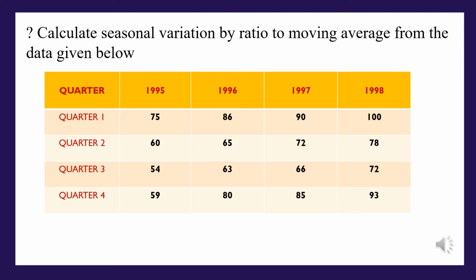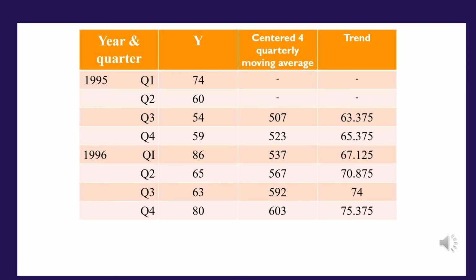Calculate the seasonal indices for the following quarterly data. Some yearly quarter-wise data are present. First, we need to calculate the trend value. For this, we need to calculate 4 quarterly moving total, centered. For calculating 4 quarterly moving total, we add 4 y values. First one is 30 plus 81 plus 62 plus 119 equal to 292. Second 4 quarterly moving total is 81 plus 62 plus 119 plus 33 equal to 295.